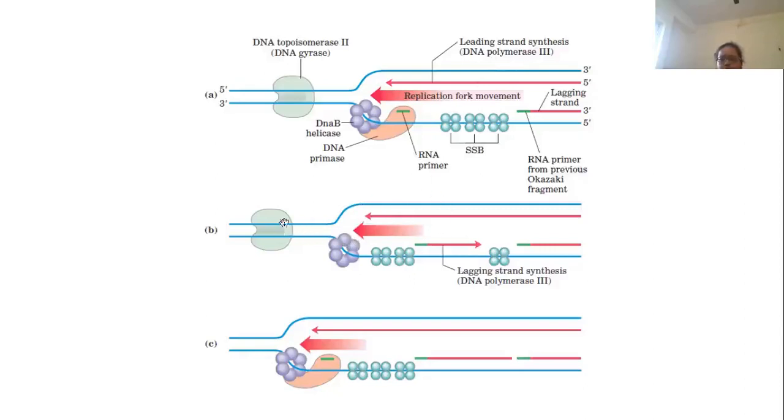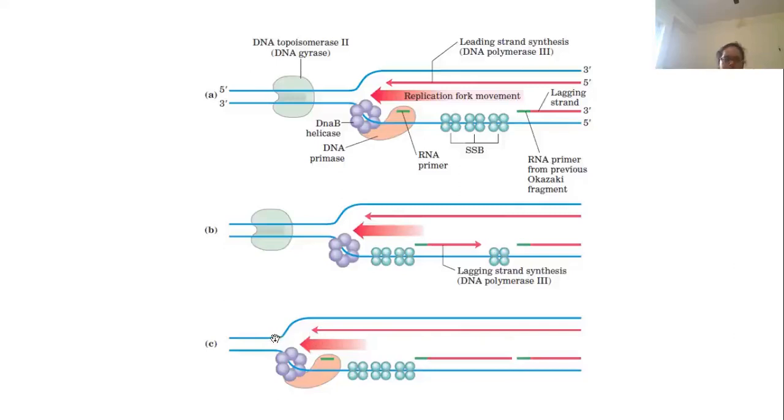Now on the second DNA strand, you can see the leading strand is synthesized, and as we know, the leading strand is synthesized continuously, from 5' to 3' direction. Both strands are synthesized due to the activity of the main principal enzyme, DNA polymerase 3.